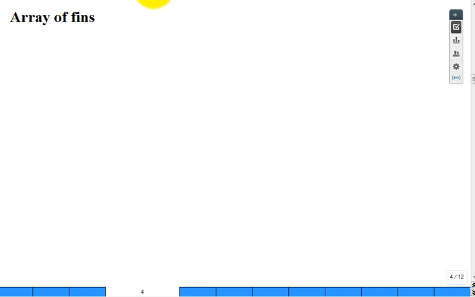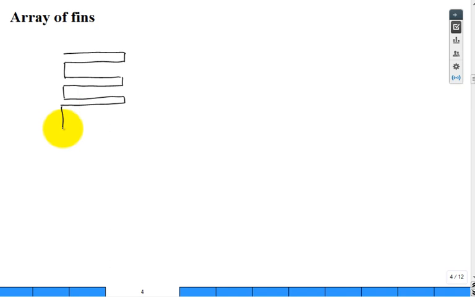If I have an array of fins, let's stick them out like this, another one, and another one like that. Okay, and so if I have the heat transfer Q, it'll be off of the base, that unfinned exposed base, and then the Q off of the fins.